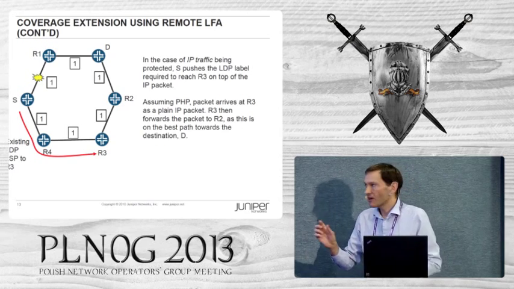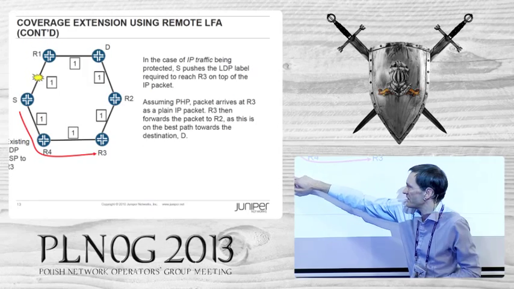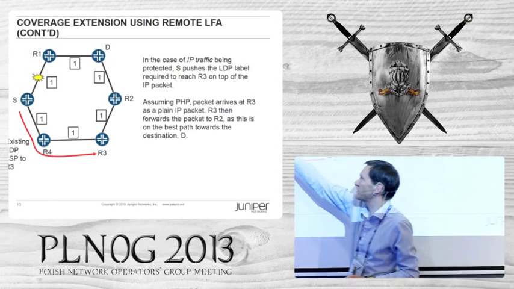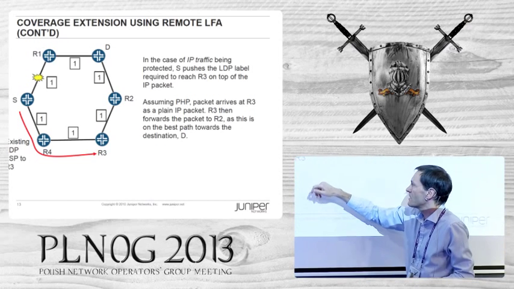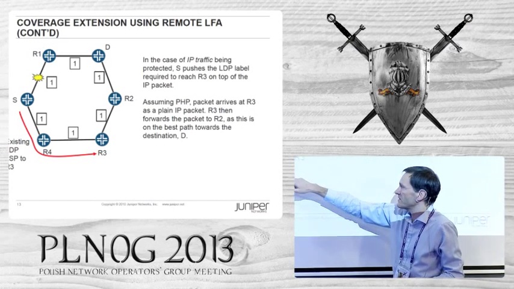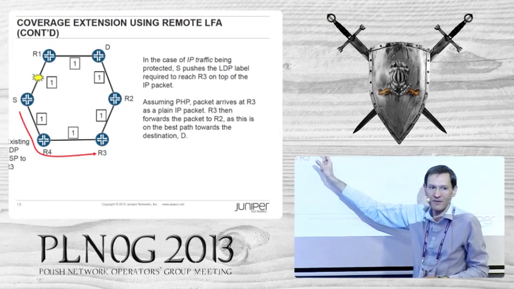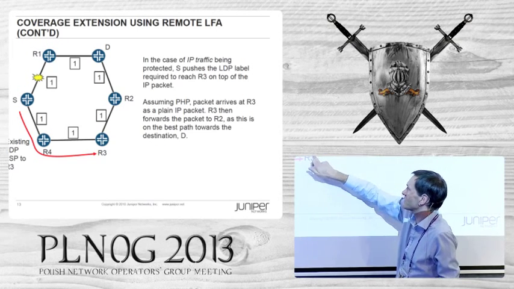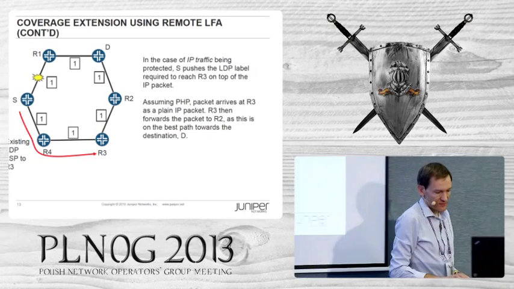In that case, we put that plain IP packet onto this LDP LSP whose destination is R3, and S knows the label for that, just normal LDP distribution. And so probably this is doing penultimate hop popping, so the packet arrives here as a plain IP packet. R3 does an IP lookup, and then the metrics are in our favor, so the packet travels like this. So we've played this trick to protect this traffic.